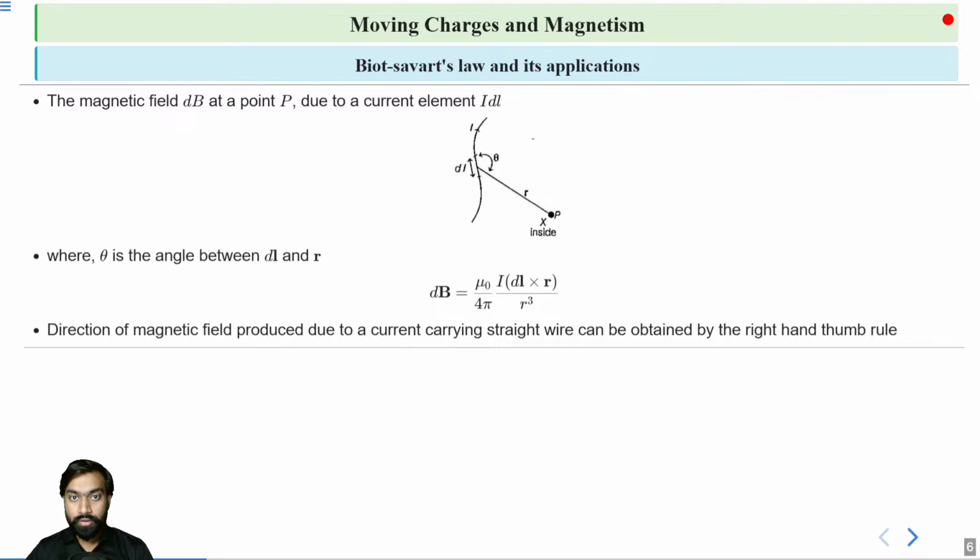The sense of dl cross r is also given by the right hand screw rule. Look at the plane containing vectors dl and r. Imagine moving the first vector towards the second vector. If the movement is anti-clockwise, the resultant is towards you, and if it is clockwise, the resultant is away from you. Okay.